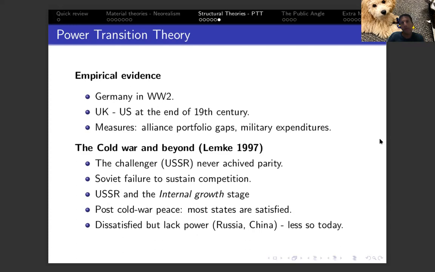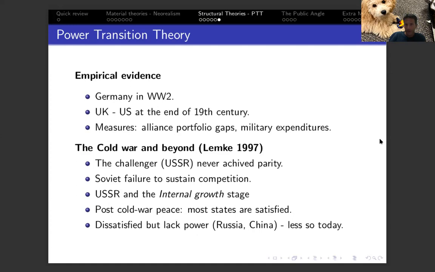I've mentioned briefly the important role that internal growth plays in the accumulation of power by the challenger or the dominant state. According to Lemke, as part of his explanation of the Cold War and beyond, there are three stages of internal growth. The first is an initial stage, which is kind of slow. Then there is a transitional stage, which is very rapid.